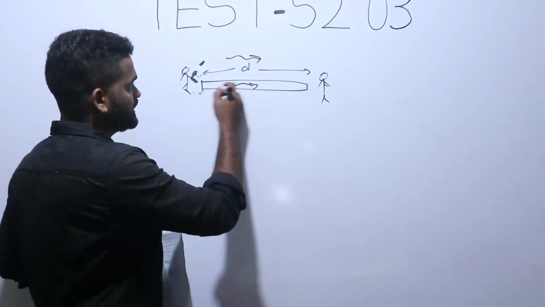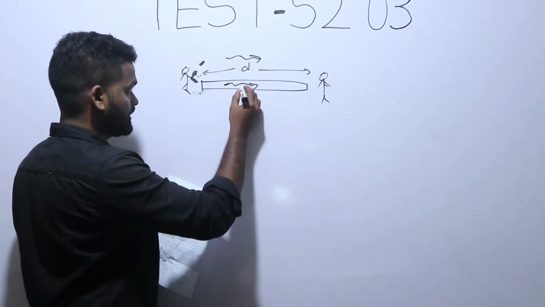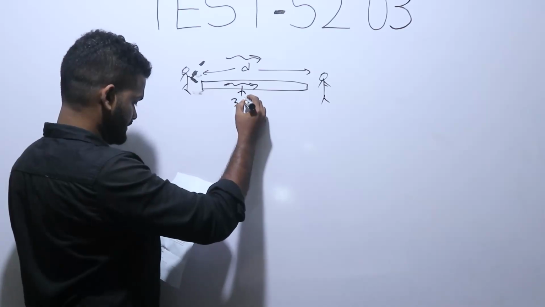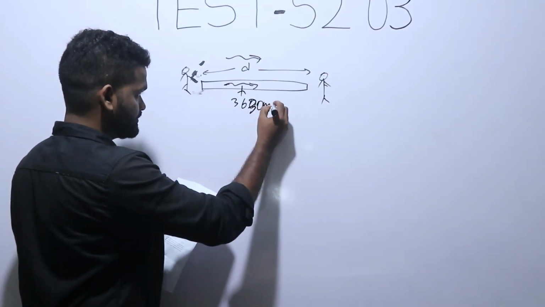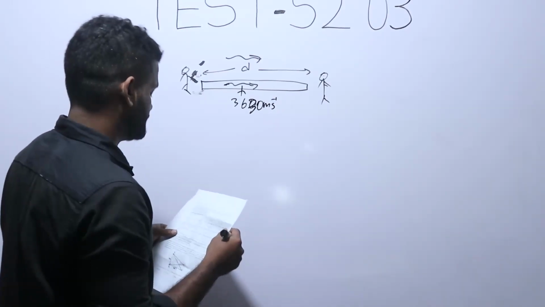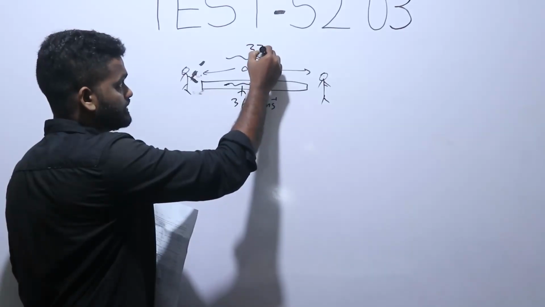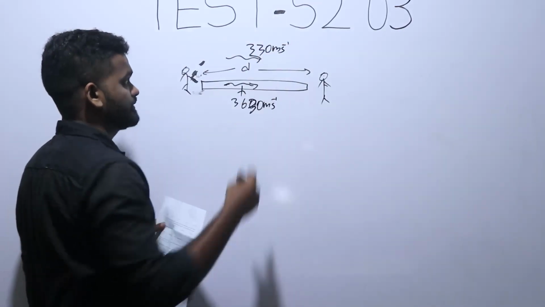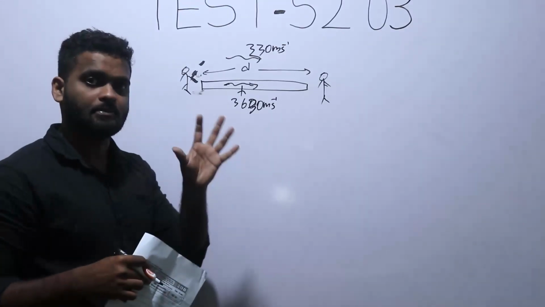Right. So through the metal, the velocity is 3630 meters per second. The velocity in air is 330 meters per second.